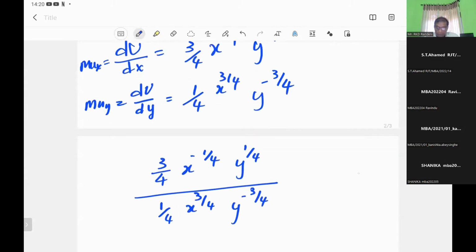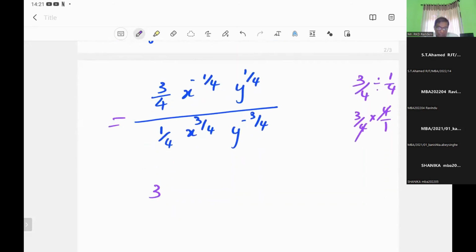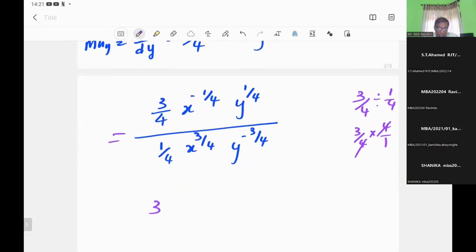Now here, 3/4 divided by 1/4. 3/4 into, you can change these two, then you can remove these two. 3 is here, right?